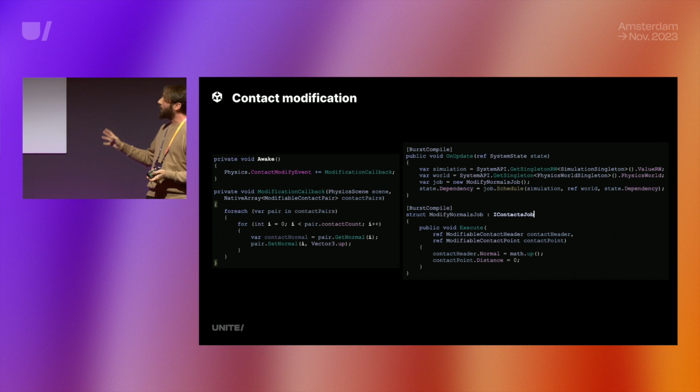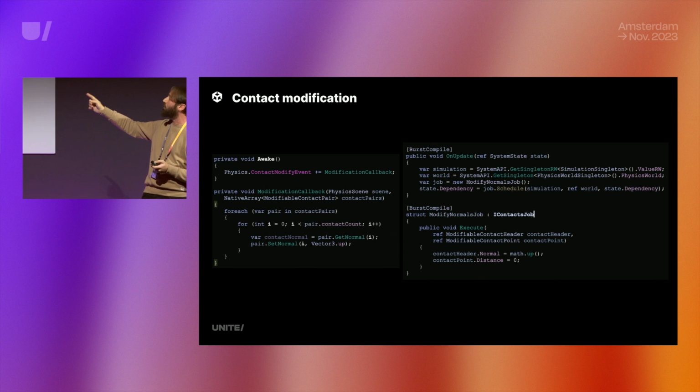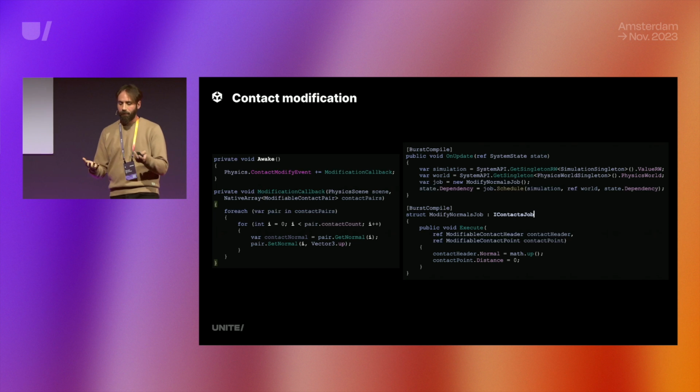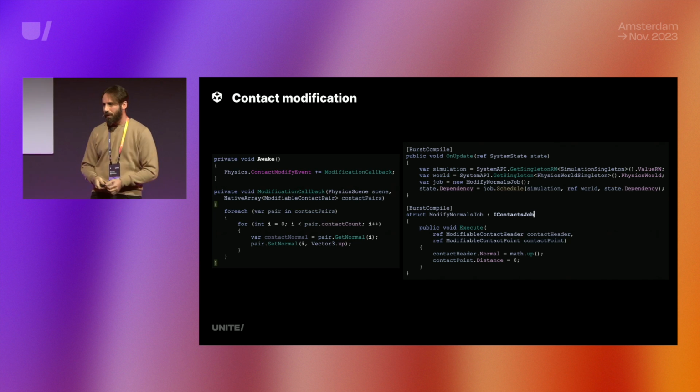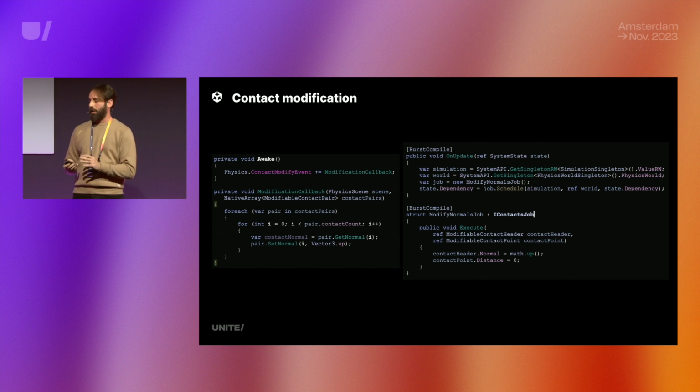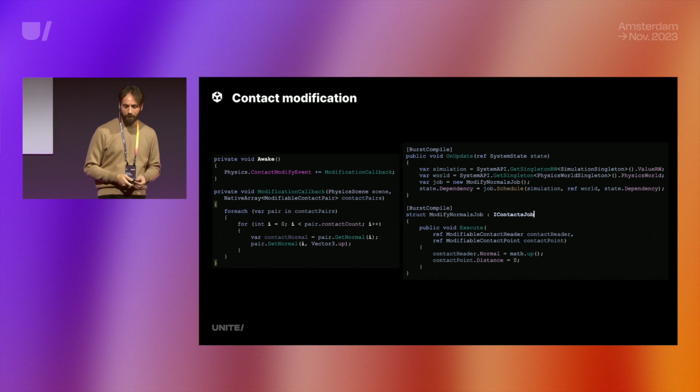This is a special kind of job that requires some more data other than just scheduling. As an example, to schedule an instance of this job, we need a simulation singleton and the physics world singleton, but you can use this API easily to get that information. So we have several events that you can hook up to and modify in the middle of the simulation. This is just one example of how you can modify the systems.